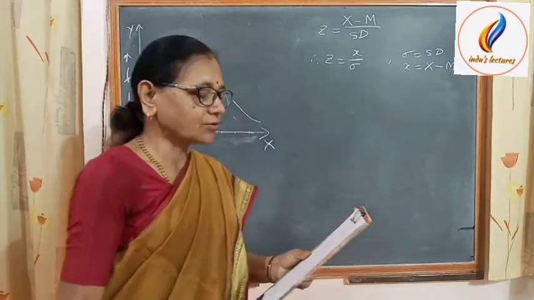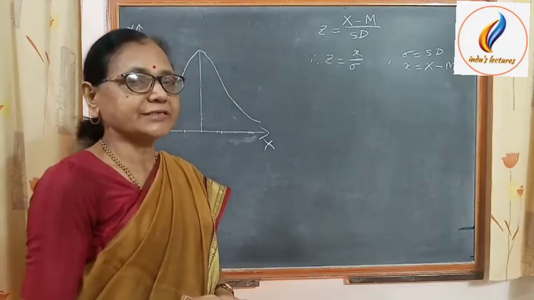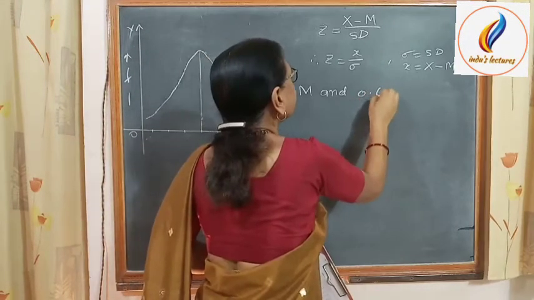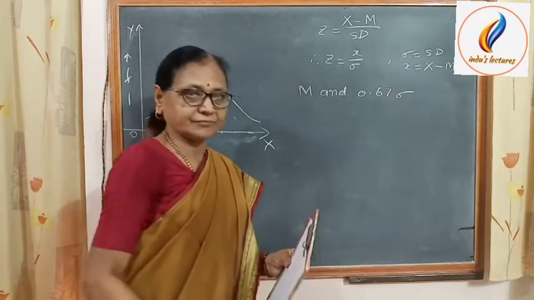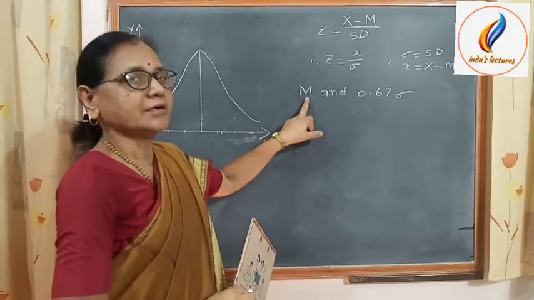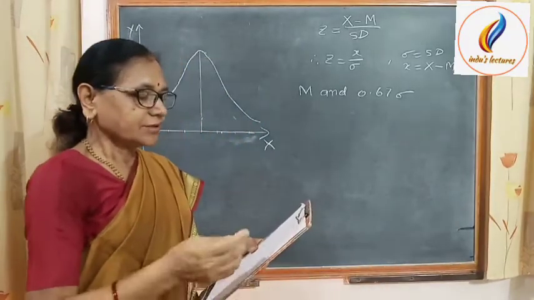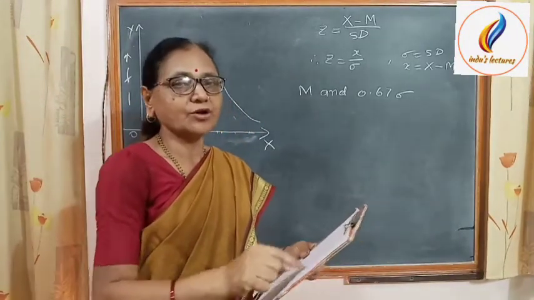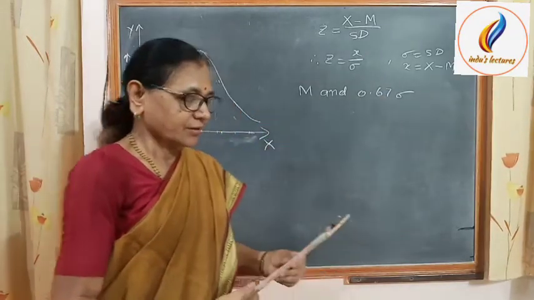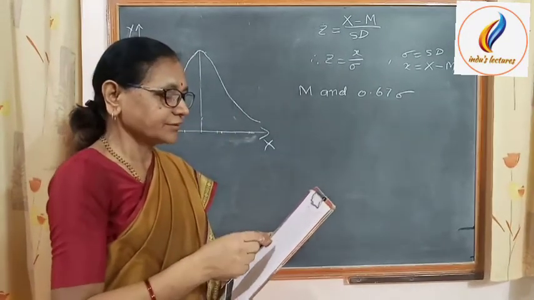Now suppose we have to find the number of cases between mean and 0.67 sigma. This table shows the number of cases between mean and a particular sigma.